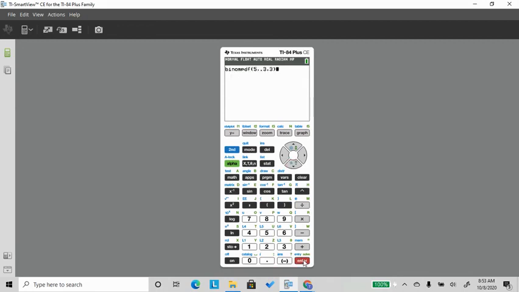We hit paste, and we get that. If you are an 83 or 84, I'm going to go over this one more time. You're going to come up with this blinking cursor. You're going to type in 5, comma, 0.3, comma, 3. And that answer is 13.23.